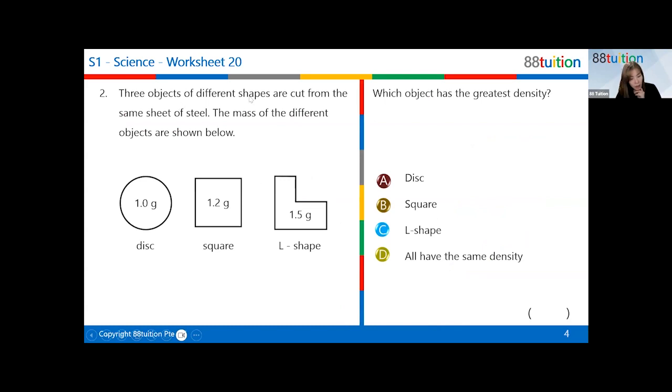Next, 3 objects of different shapes are cut from the same sheet of steel. Keywords here, same sheet of steel. The mass of different objects are shown below. So you have one with 1 gram and then 1.2 gram and then 1.5 gram. So which object will have the greatest density, highest density?